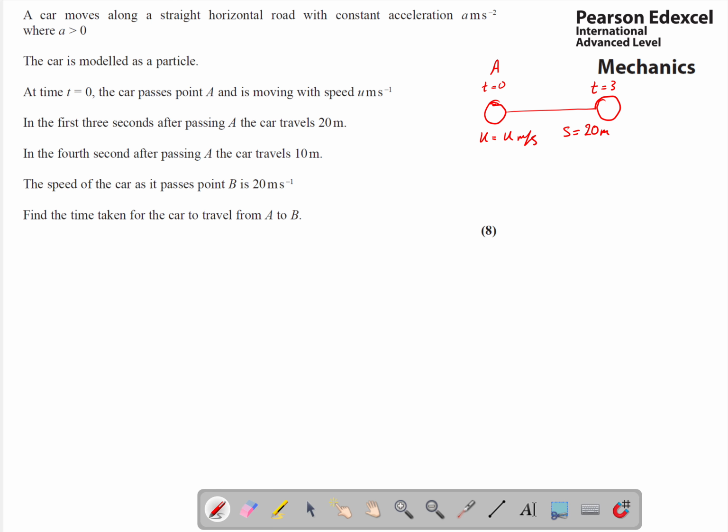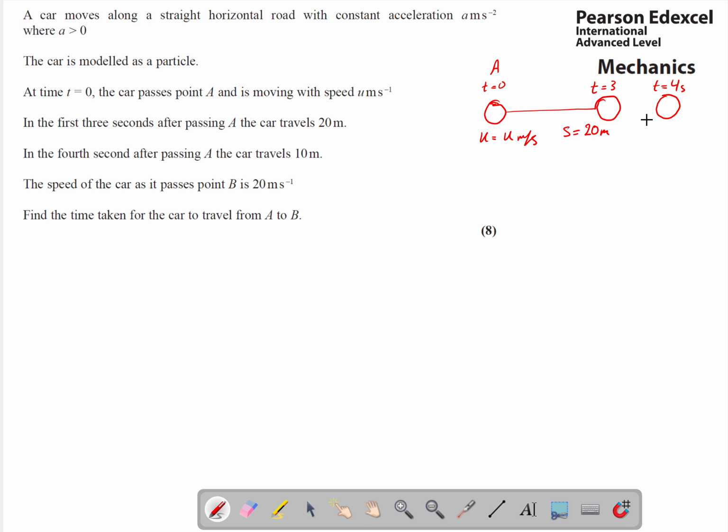In the 4th second after passing A, the car travels 10 meters. After passing A, from the beginning, 3 seconds later we are here, and after 1 more second we reach another point, which is time 4 seconds. In that 4th second it travels 10 meters.